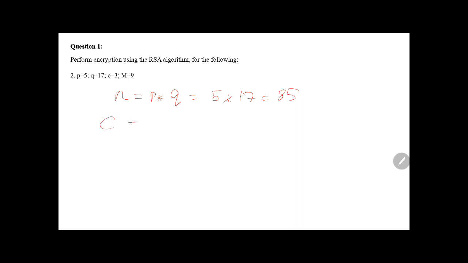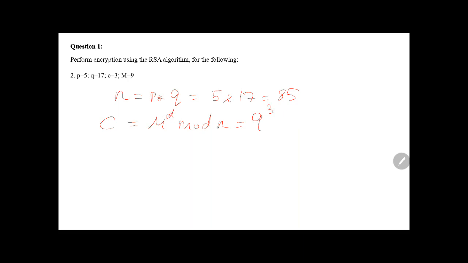So now we get our ciphertext. C is equal to the message power the public key modulus the N. And this is equal to, our message here is equal to 9. So 9 power 3.